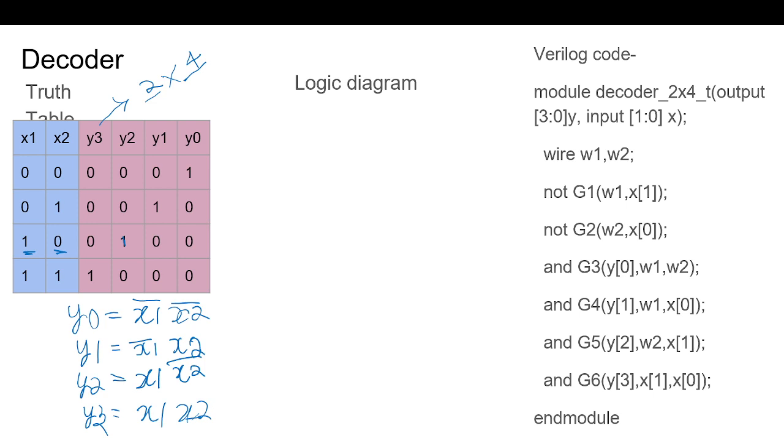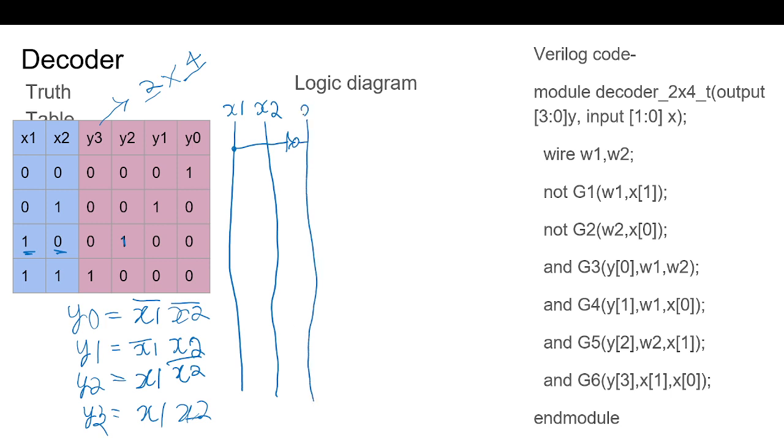To get the logic diagram, we will use these equations. I need x1 and then I have x2, and I need the inverted versions, x1 bar and x2 bar.